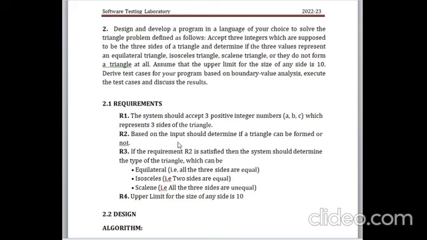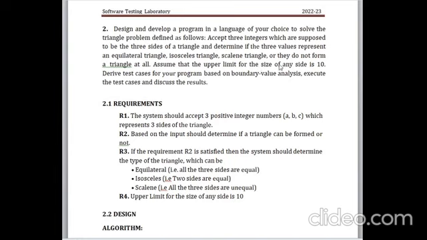R3: if the triangle is formed, then any one type of triangle will be there, that is the equilateral triangle, isosceles triangle, or scalene triangle. And one more important one is R4, requirement 4: the upper limit for the size of any side is 10. That is the condition of this program.